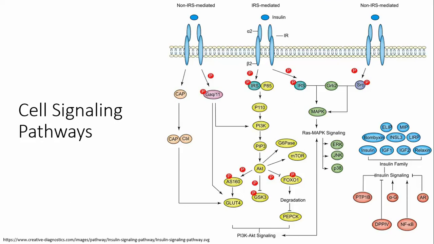And that is something that I want to point out in this diagram. So I've told you to pay attention to where the arrows go. But what happens when it's not an arrow? What happens when it looks like this, or this, or this? When you have, instead of an arrow ending, that kind of line, that means it's inhibiting or blocking. When you have the arrowhead, that means it's making it happen.